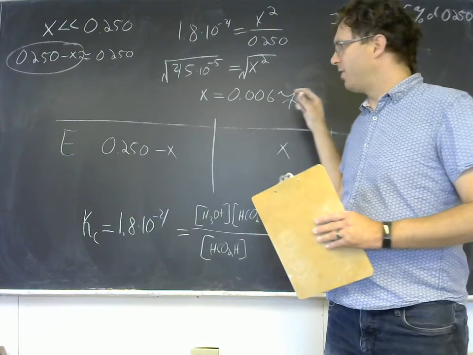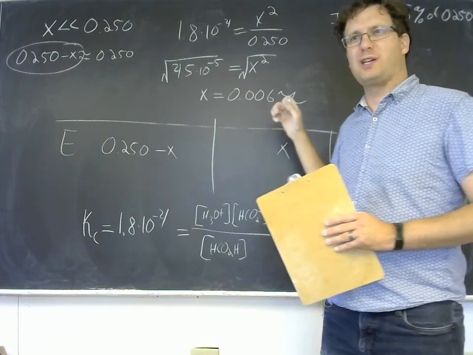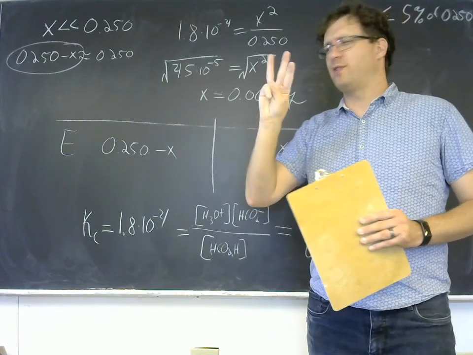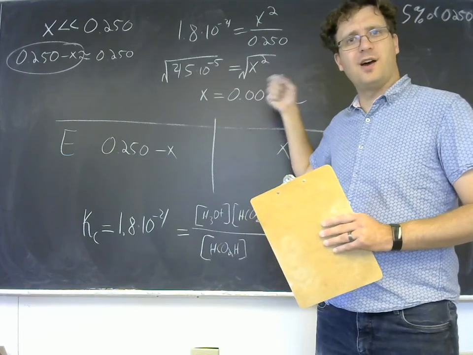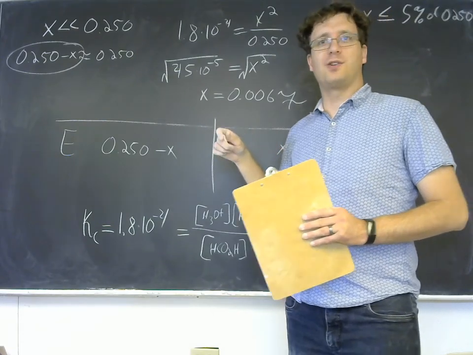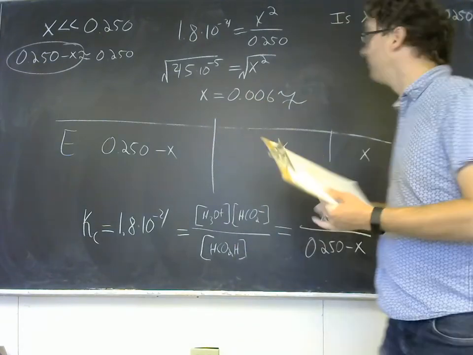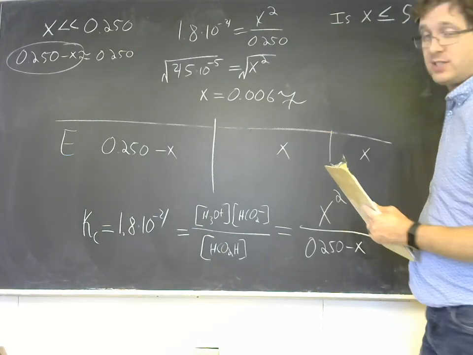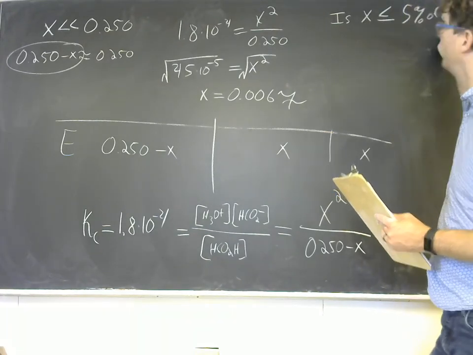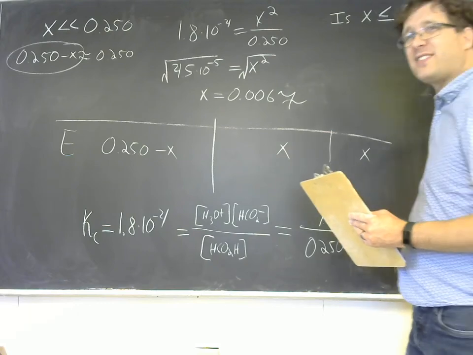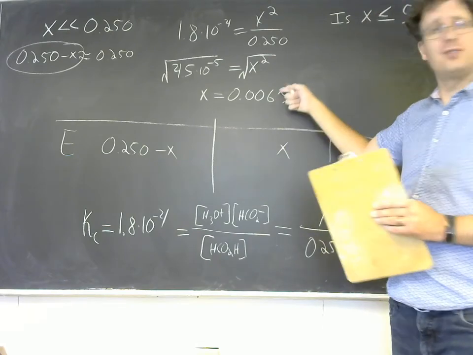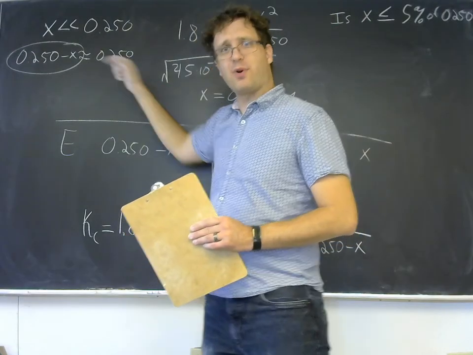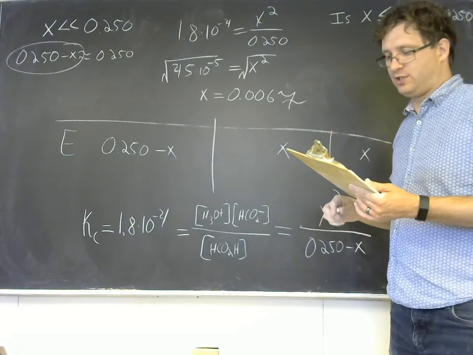And the purist mathematicians will say, but technically you're wrong. But the chemist inside of us says we only get 3 sig figs anyway. This is good enough. And I'm getting hungry for lunch, so we're just going to take this and go with it. If x is greater than 5% of the value that you subtracted it from, then you're going to have to say, oh, I wish I could use this value, but it turns out that our assumption was probably not well justified.